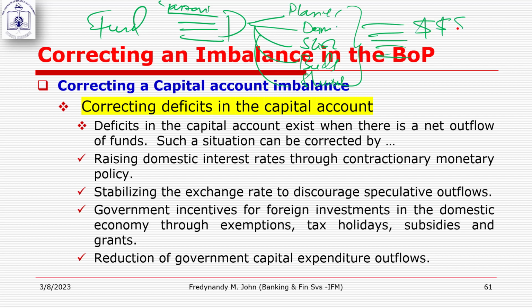So a lot of foreign currencies will be withdrawn from the country. That will cause what we call net outflow.